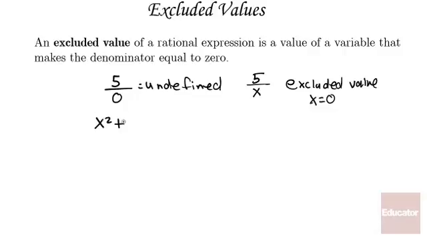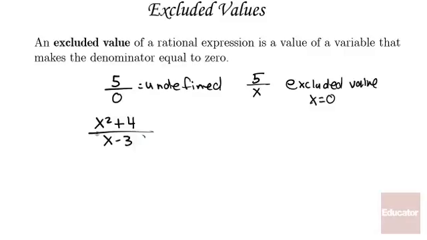Given the rational expression x squared plus 4 over x minus 3, I want to find the excluded values. I don't even need to worry about the numerator, because the excluded values have to do with the denominator ending up 0.